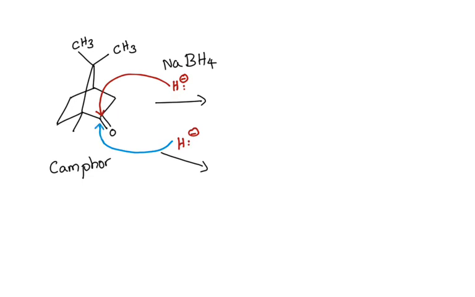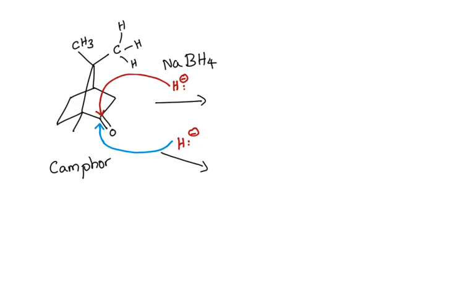Right. So which one is more favorable, the top attack or the bottom attack? It looks like the bottom is more favorable, because when the hydride approaches from the top, it has to pass through these hydrogens, right? The steric hindrance.